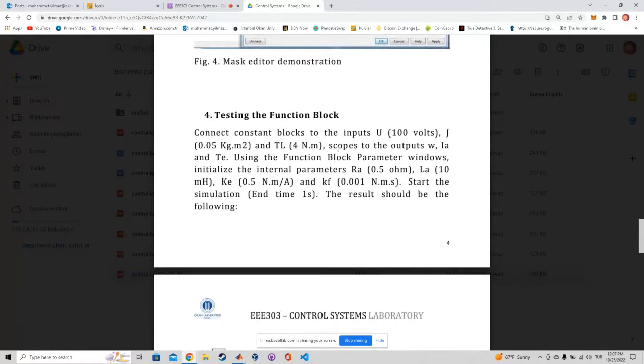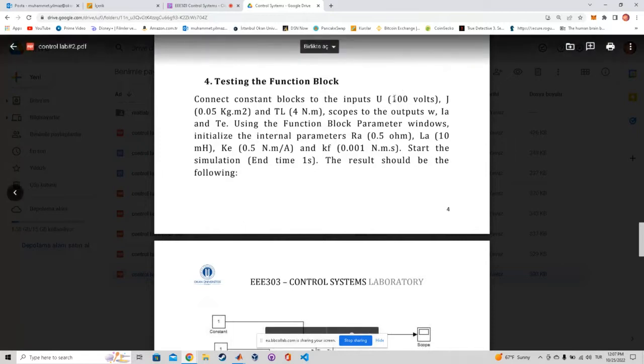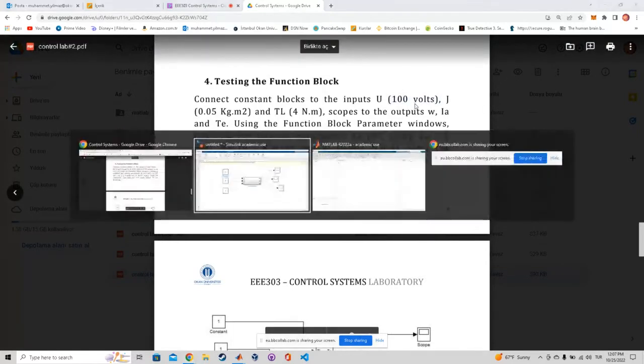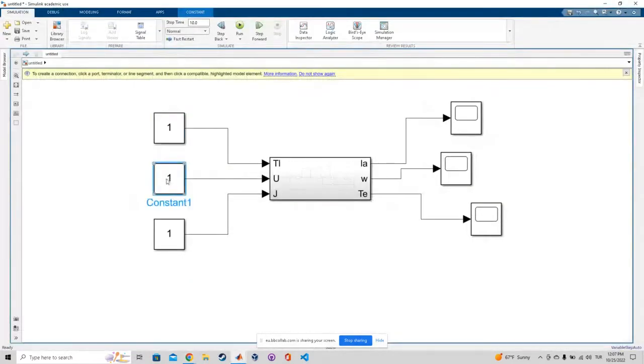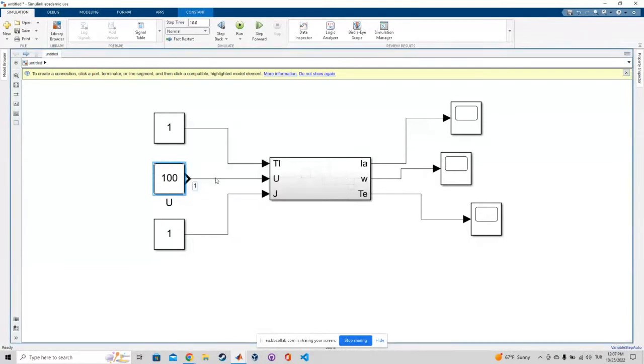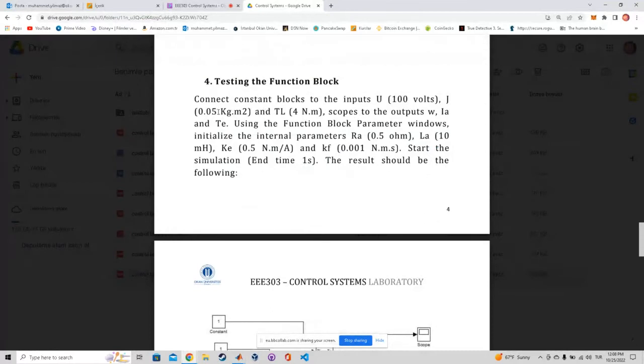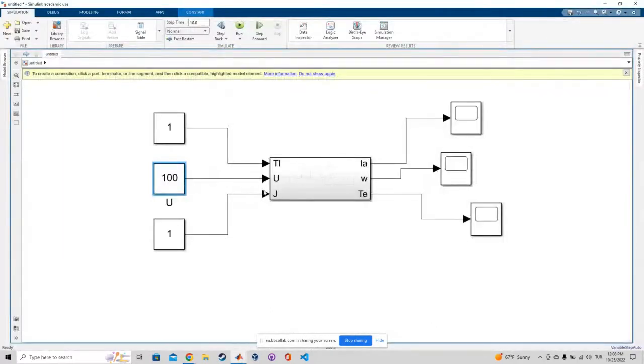So now we're going to obtain our inputs. So here in our lab report, we said obtain U is 100 volts. So let's change it to our U here. We change it U, and this one is 100 volt, all right? The second one, J is 0.05. Our J is here.